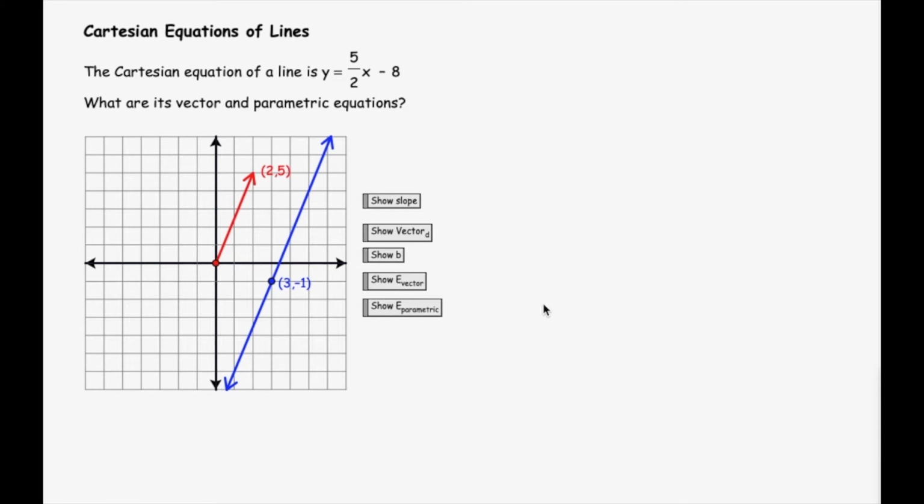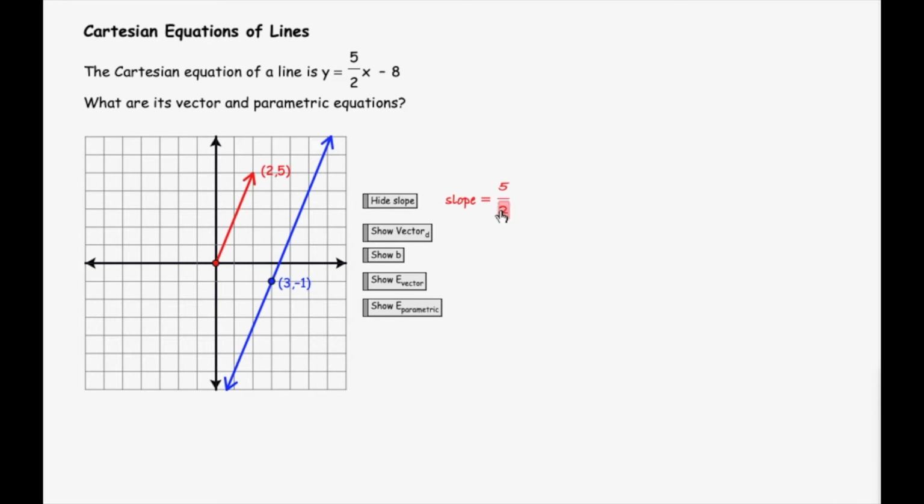If I give you a Cartesian equation of a line in this form, then what I would like you to do is tell me what its vector and parametric equations are. So the first thing we're going to have to do, to find the vector and parametrics, be clear, we need a point and we need a direction vector. So we're going to have to use the slope here to give us the direction vector. So the slope is 5/2, and remember what a slope does, it describes a change, right?